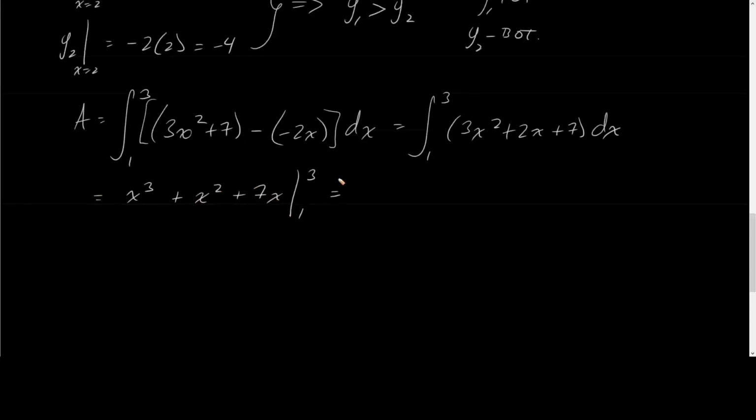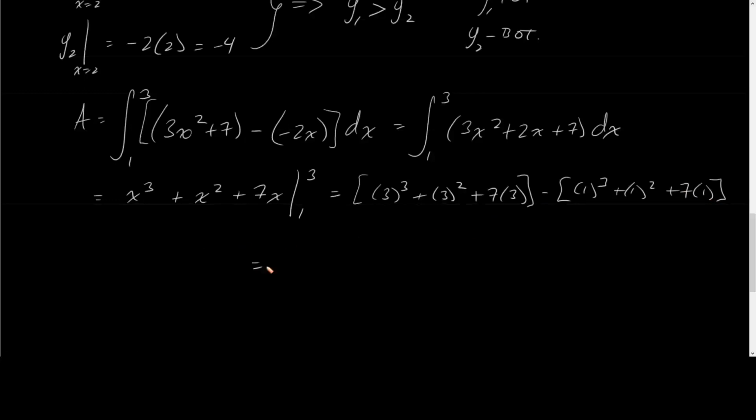So what do I get now? Plug in 3: 3 cubed plus 3 squared plus 7 times 3, minus, plug in 1: 1 cubed plus 1 squared plus 7 times 1.